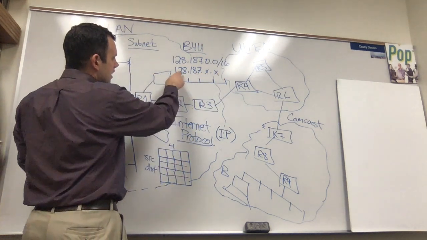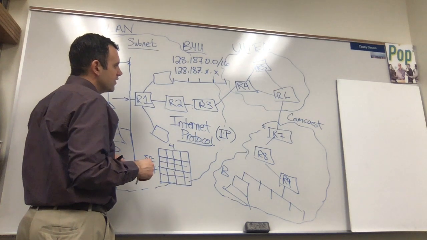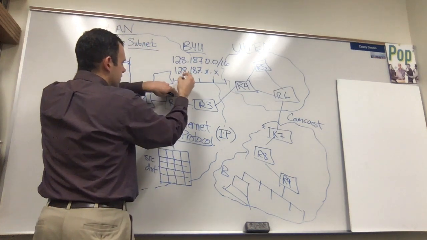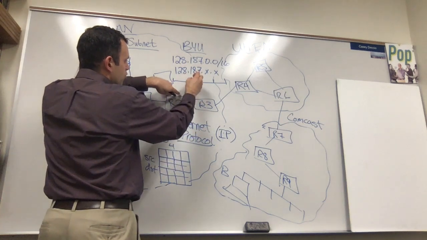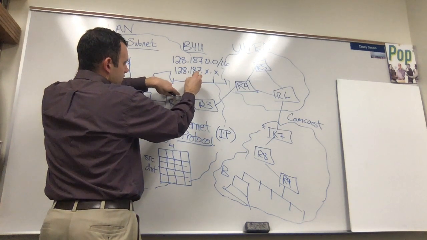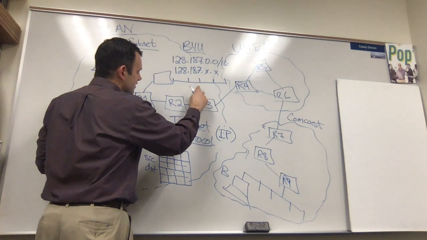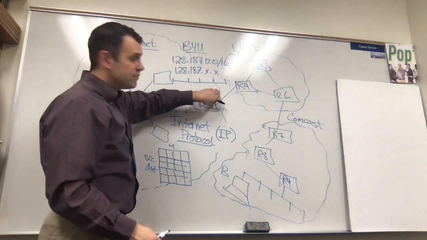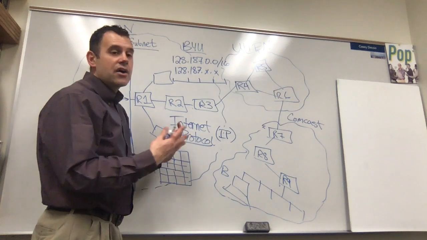Up here you can see I have 128.187.x.x, but the 128 is actually the decimal value of the bits in this first byte. 187 is the decimal value of the bits in this second byte.